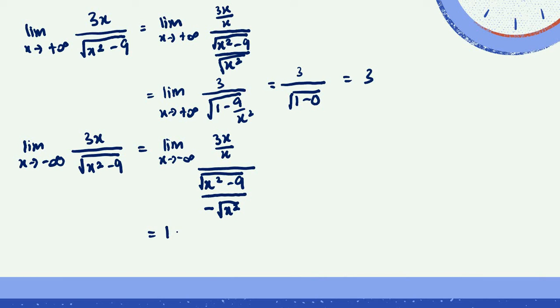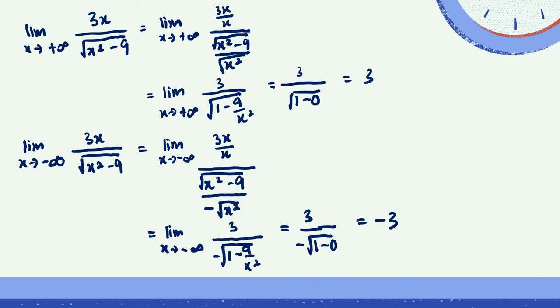So the next line, limit as x approaches negative infinity, we have 3 divided by negative square root of 1 minus 9 over x squared. So we get 3 divided by negative square root of 1 minus 0, and that will be the value of negative 3.